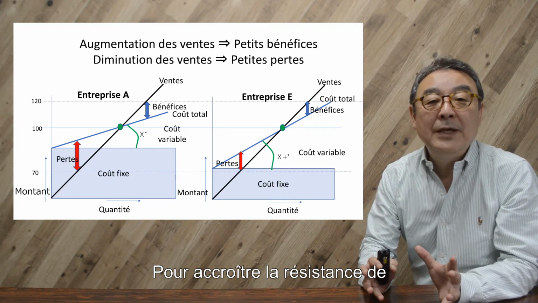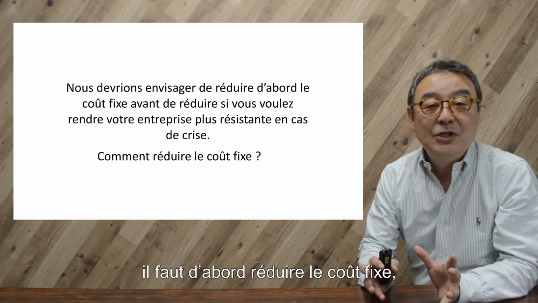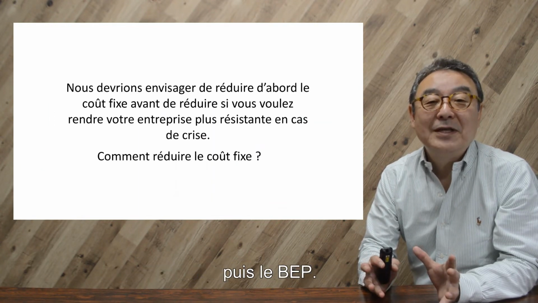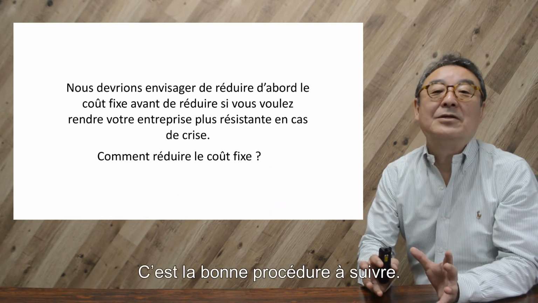So, to make your company stronger in a crisis, reduce fixed cost first and reduce BEP. That is the correct step.